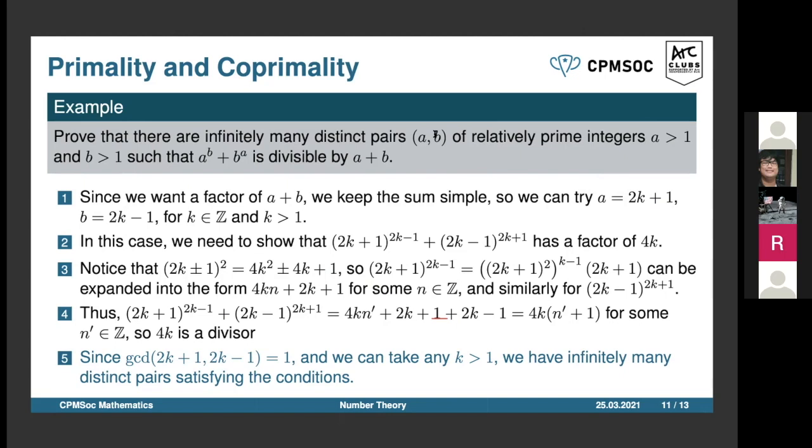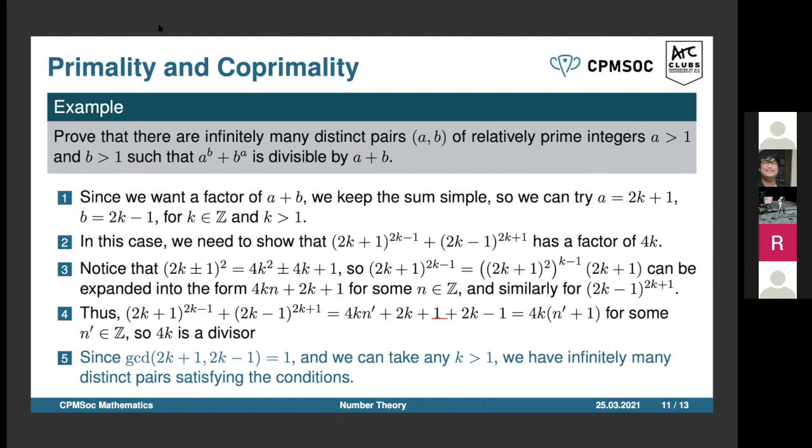Because you're still going to get a factor of 2, so the factor of 2 works out fine. Maybe we could do Fermat's little theorem. Should give you a factor of A plus B. Should it? I'm not 100% sure about that one.